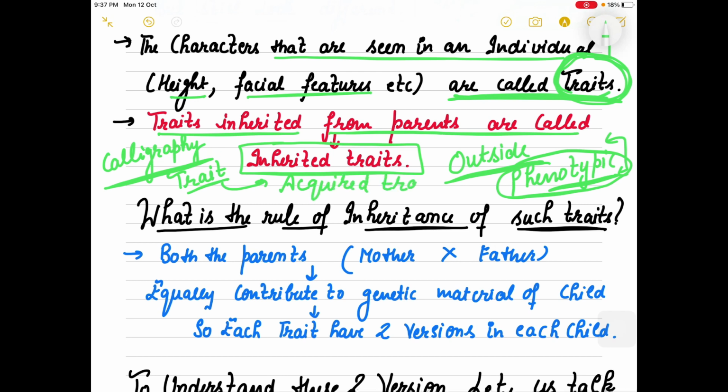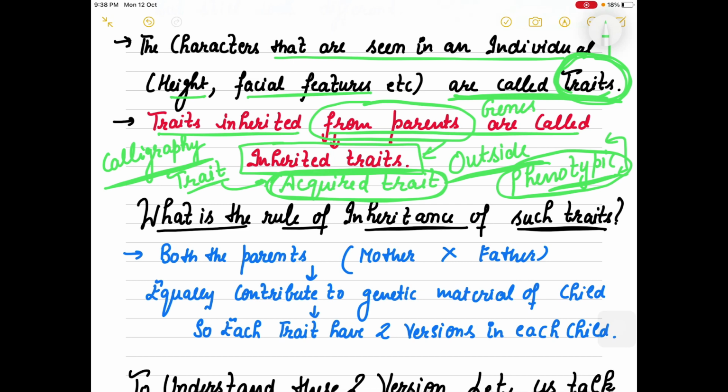Any feature, any characteristic, if it is coming from the parent, if it is biological, if it is involving genes, then the word inherit will come. It means you have inherited it from your parents. But if you have learned it from the environment, then you will call that trait an acquired trait.